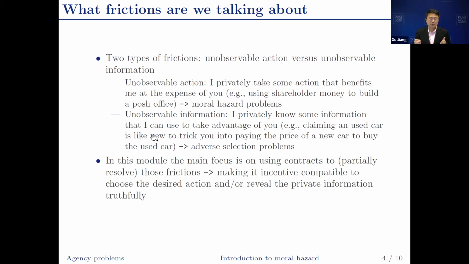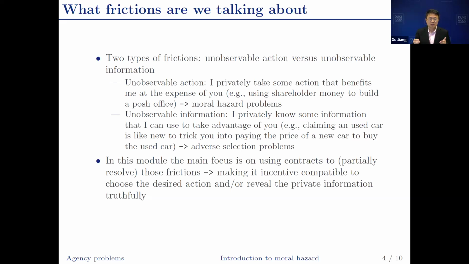In this module, in contrast to the previous 2 modules, when we focus on capital markets, the main focus here is how we design contracts to resolve those frictions. So a contracting solution for the conflict of interest issues. We're going to see we're not going to completely resolve the frictions. We're only going to partially resolve the frictions.